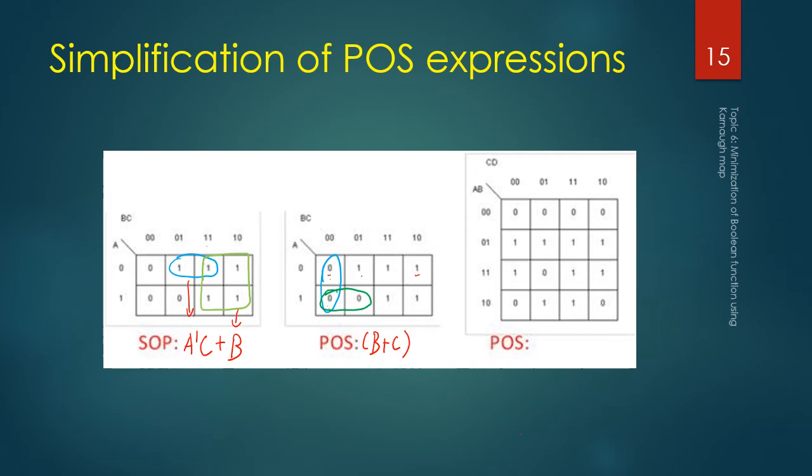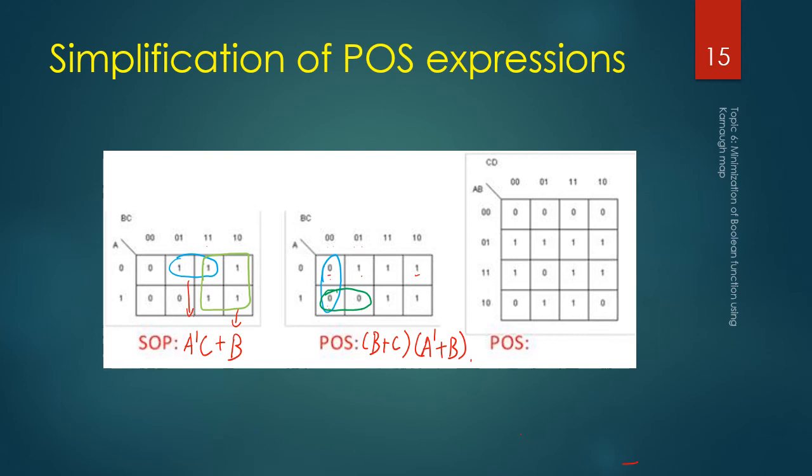For the green group, A is not changing, but A equals 1, so we need to write it in complement form. So A prime, or B, since B is not changing and C changed. Okay, so that's the result.